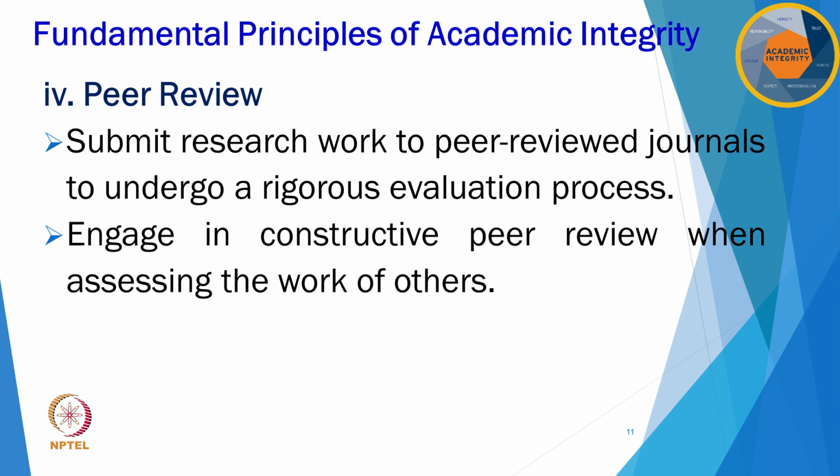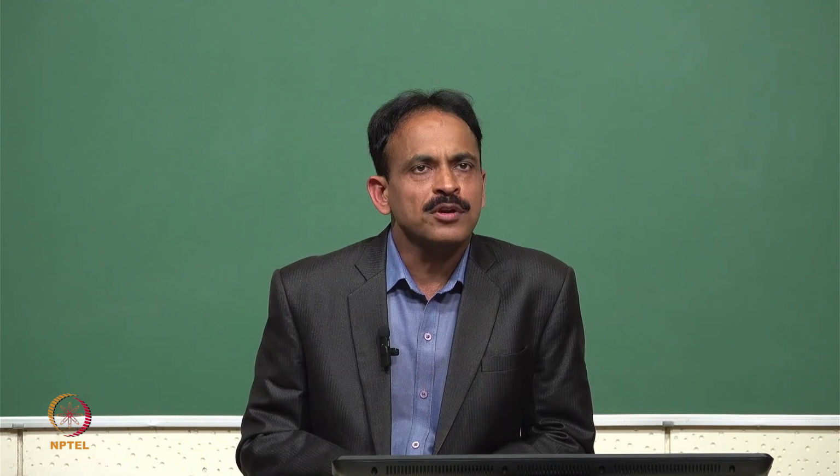Other one is peer review. One has to submit research work to peer-reviewed journals to undergo a rigorous evaluation process by experts in the field. Engage in constructive peer review when assessing the work of others, contributing to the improvement of scientific knowledge.